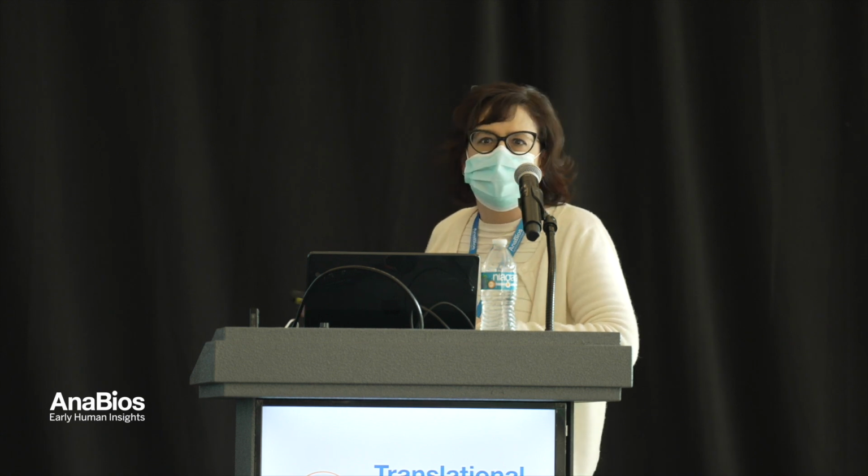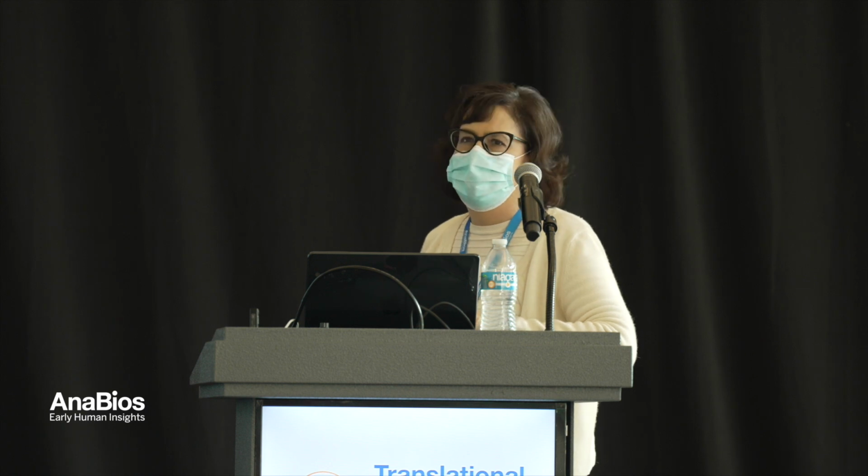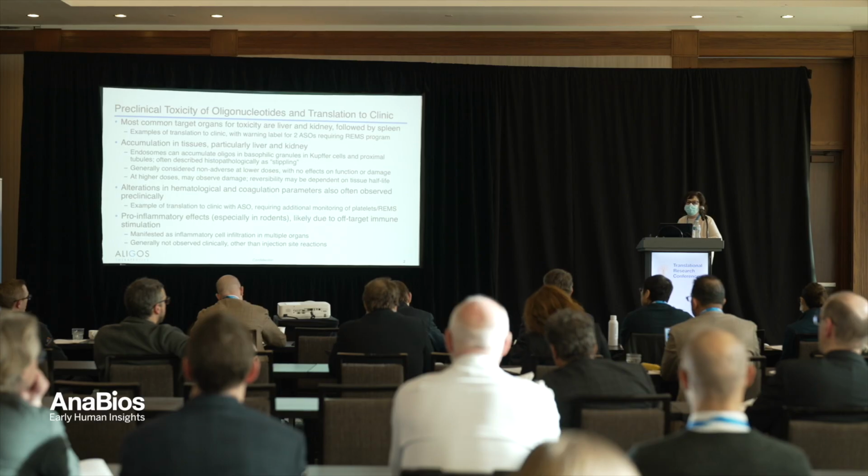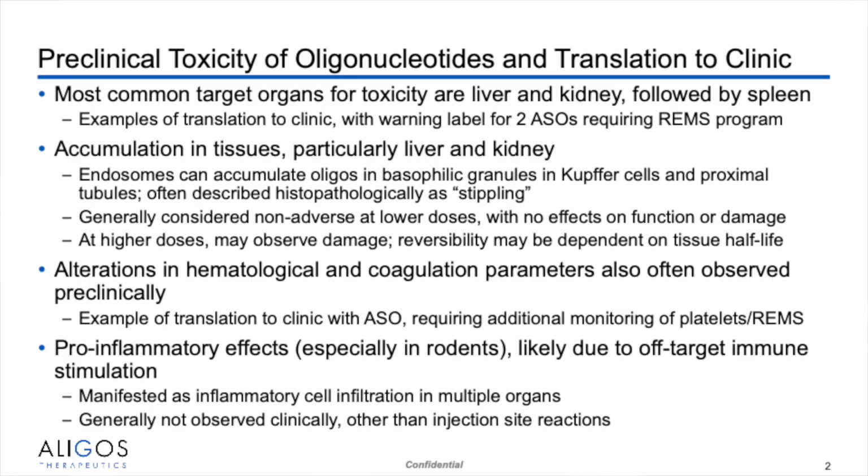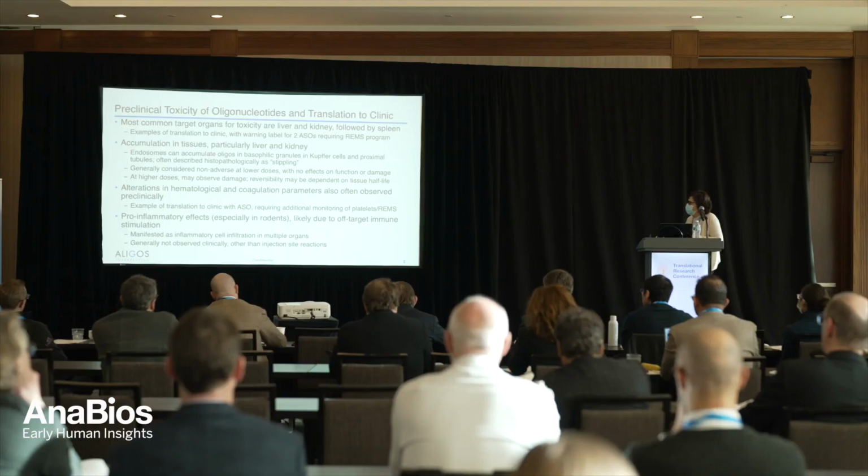One of the other things that we do sometimes see, mostly with the older generation oligonucleotides, is some alterations in hematological and coagulation parameters. Those have been observed both preclinically and have shown effects in the clinic as well. One of these is an ASO where they had to monitor for platelets in the clinic.